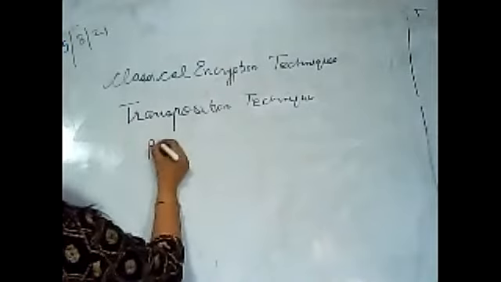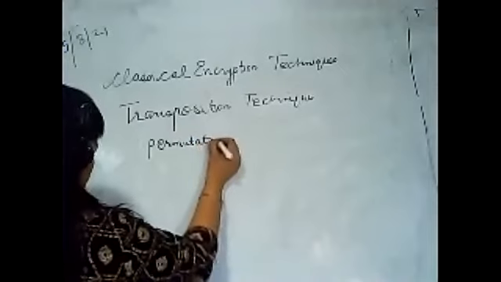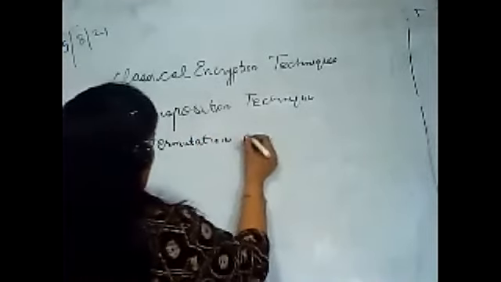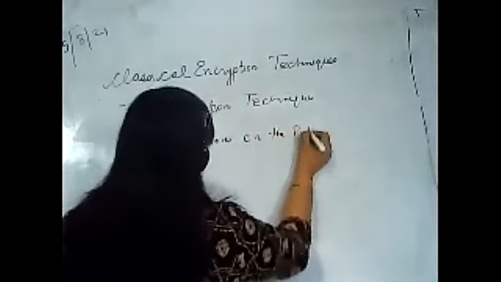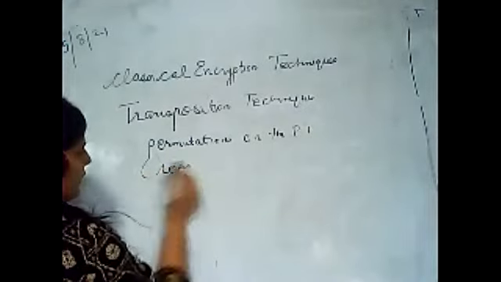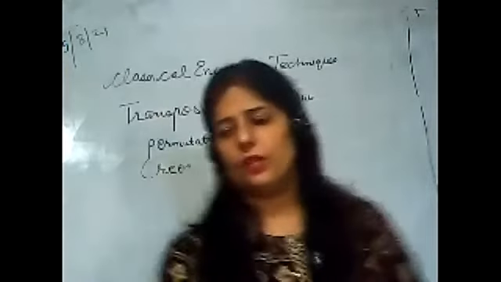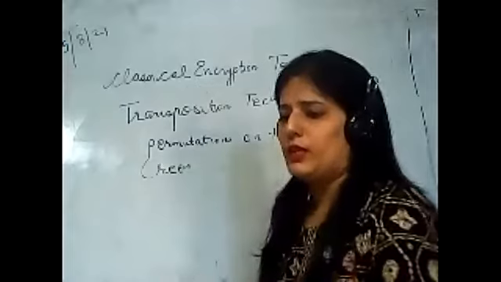So we can say permutations on the plain text. Permutation means reordering. It is not adding any new character in that word, but it is just reordering, rearranging.